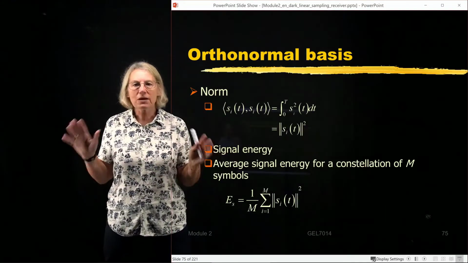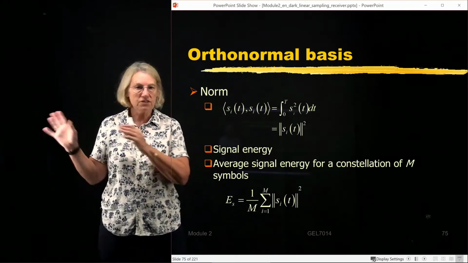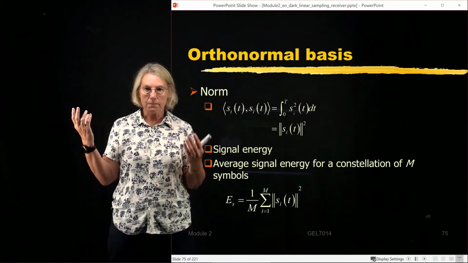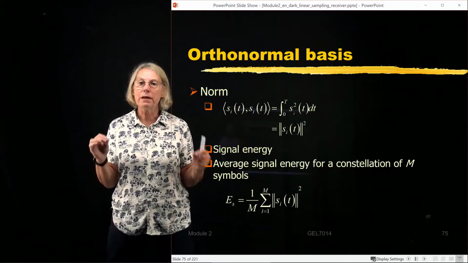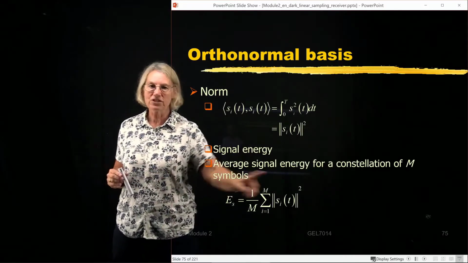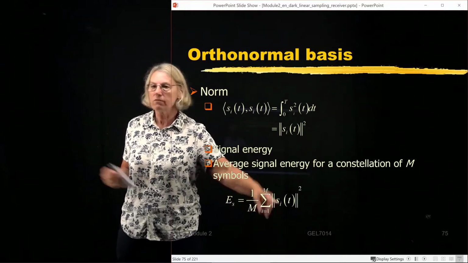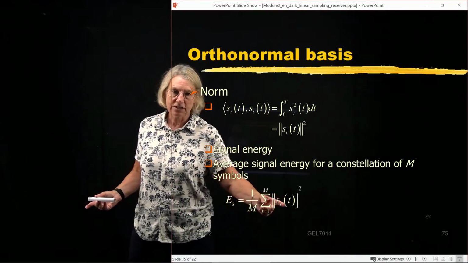Now, when we want to compare the power efficiency of different modulation formats, it will be important for us to compare apples and apples. In order to do that, we're going to base that on what we call the average signal energy. We're going to have M different symbols, each one allowed to have some division of the total energy.